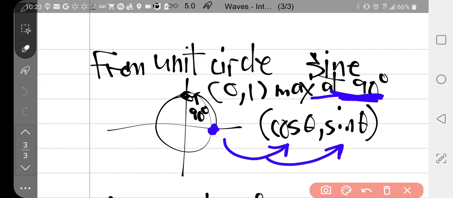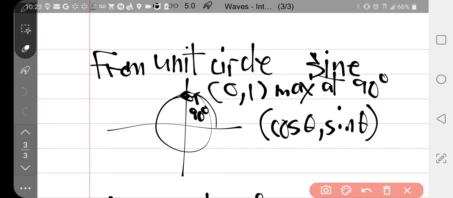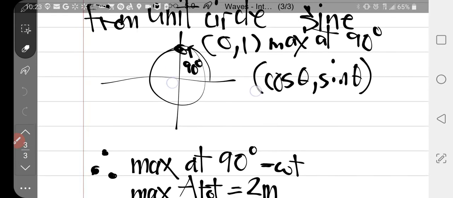So at 90, it's (0, 1). Cosine of 90 is 0. Sine of 90 is 1. So at 90, we have 1. That's the max. You could have memorized that, but that's just the way I remember it. Anyway.